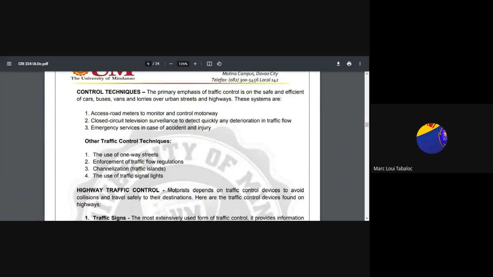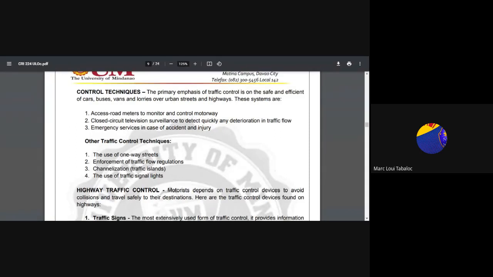Ginagamit rin ang CCTVs for what we call no contact apprehension procedures. Kung saan, minomonitor na lang nila ang mga violations ng mga iilang road users or ng mga vehicles while using the roadway without really having to contact them or walang interaction directly sa lisensya, directly sa registration ng vehicle.